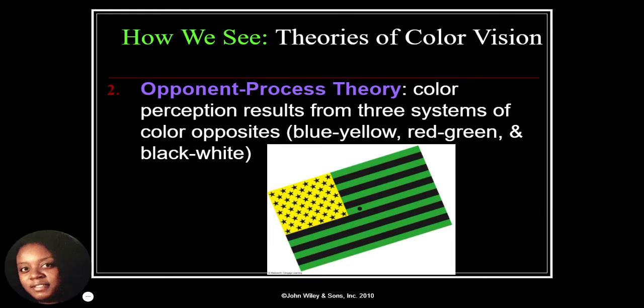The opponent process theory of color vision tells us that color perception results from 3 systems of color opposites, so blue, yellow, red, green, and black and white. If you just do a task for a few seconds, stare at that black dot in the middle of that flag for about 20 or 30 seconds.